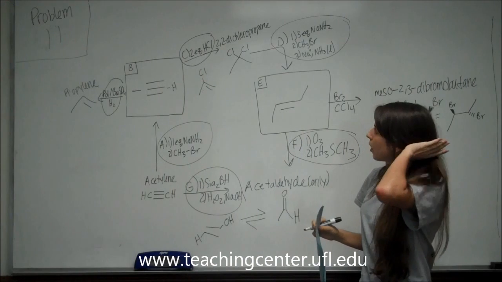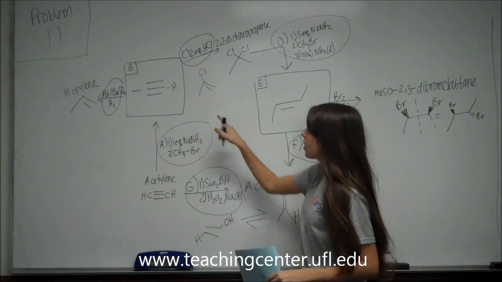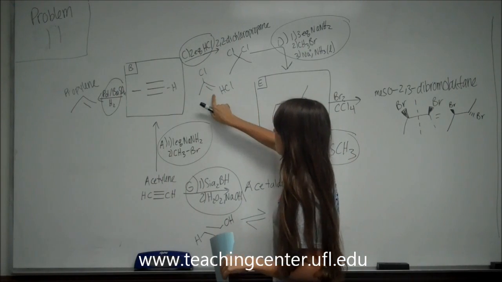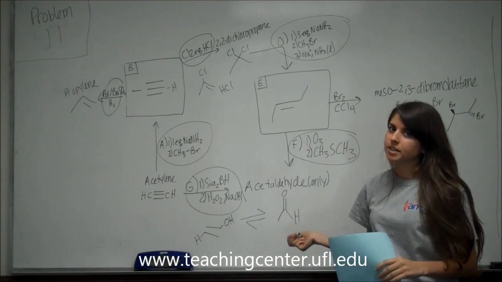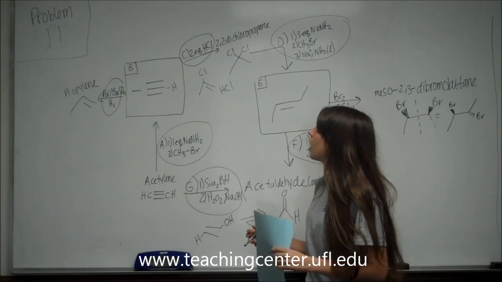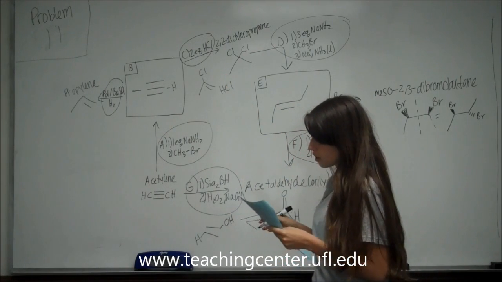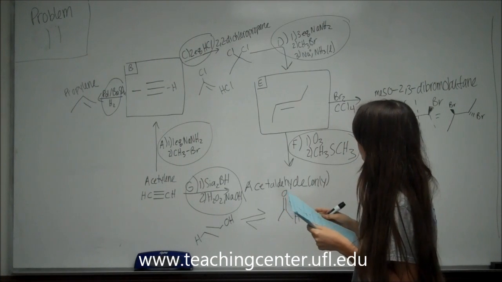So make sure not to forget the 2 equivalents, because after the second equivalent of HCl adds again, this is still the Markovnikov position, so the chlorine is going to add onto that position again. So that's part C.